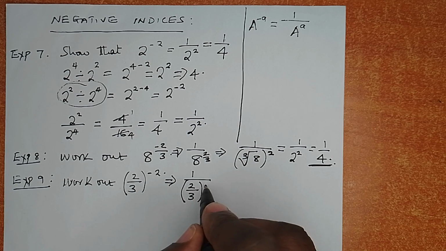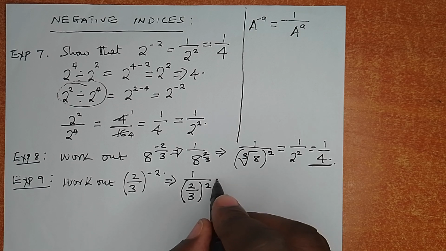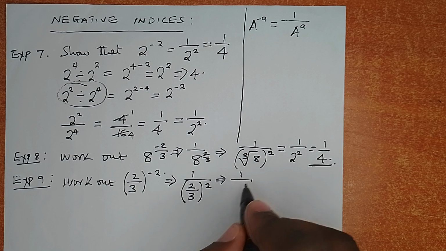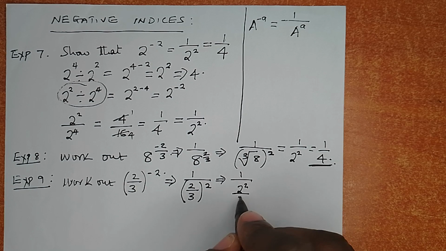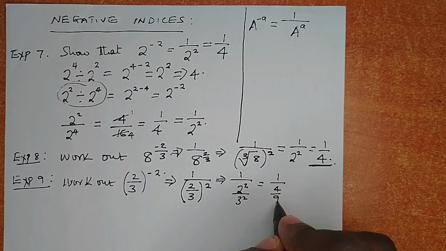Now the index is positive. And look, this is a fraction and it is raised to power 2. The best thing we can do is to treat each one independently, which gives us 1 over 2 squared over 3 squared, which is 1 over 4 over 9.